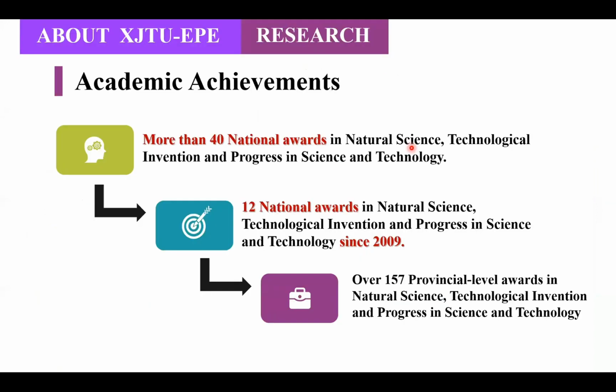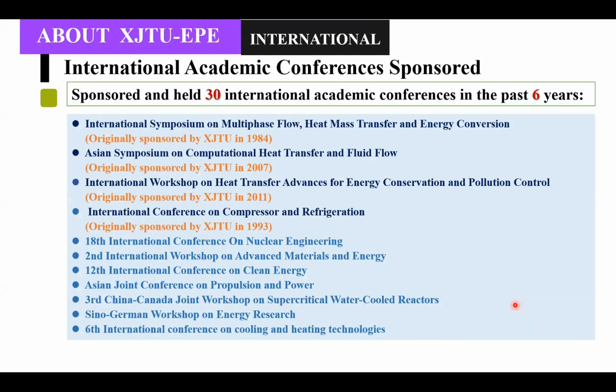Okay, we have more than 14 national awards in natural science, technological innovation, and progress in science and technology, 12 of them since 2009, and over 157 provincial-level awards in natural science, etc. We sponsored and held 30 international academic conferences in the past 6 years.